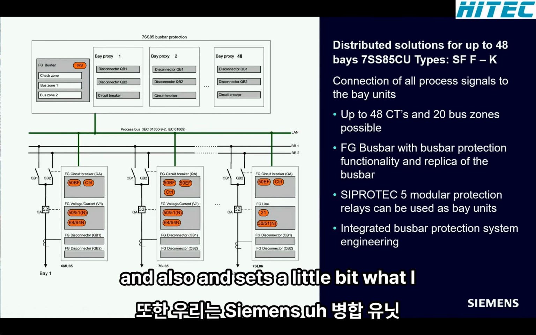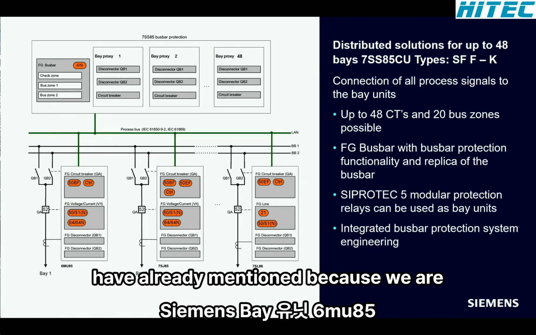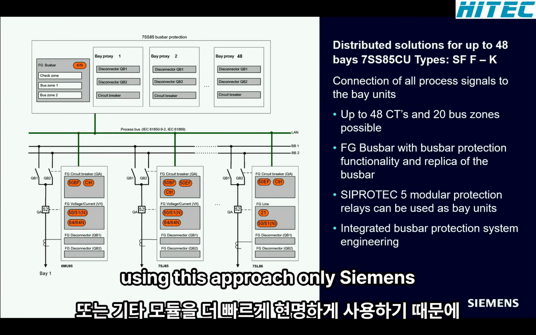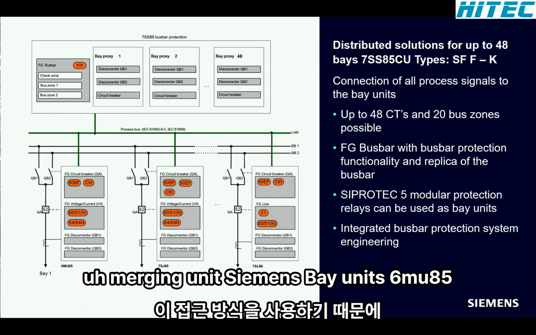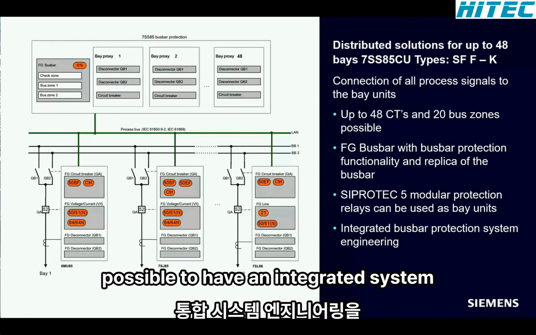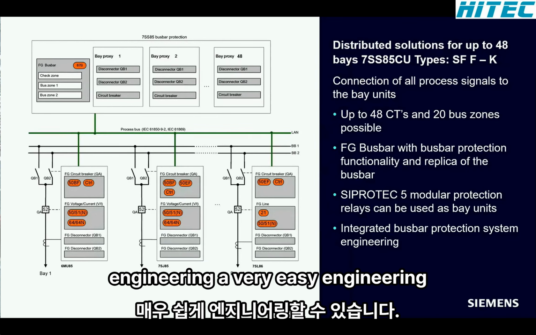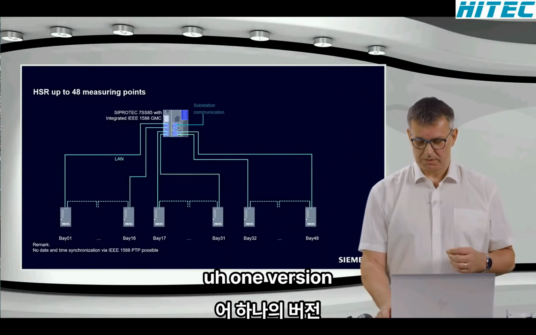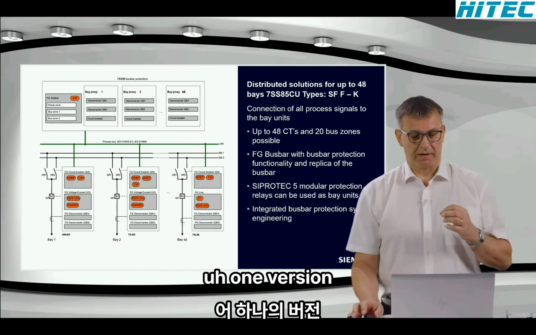And also, and that's a little bit what I have already mentioned, because we are using in this approach only Siemens merging units, Siemens bay units, 6MU85 or any other modular Protect 5 device, it is possible to have an integrated system engineering, a very easy engineering. One mention.